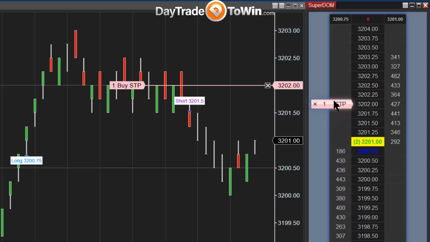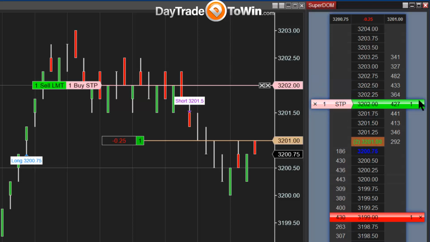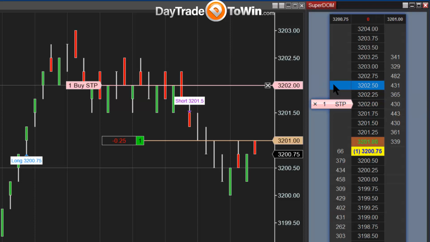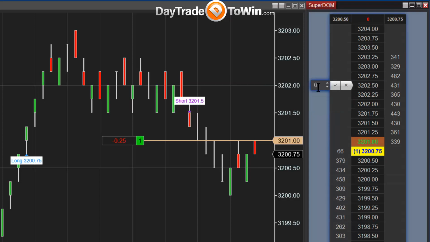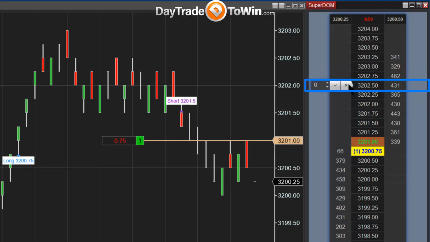A stop with a limit says how many ticks of slippage will you want to give up to get filled? If you say 1, that means it could be anywhere between 3202.50 and 3202.75. In between these two prices, you'll be filled, but nothing more than that. If I click 0, what you're saying is I want this price or nothing. Don't fill me long if I can't get this price.